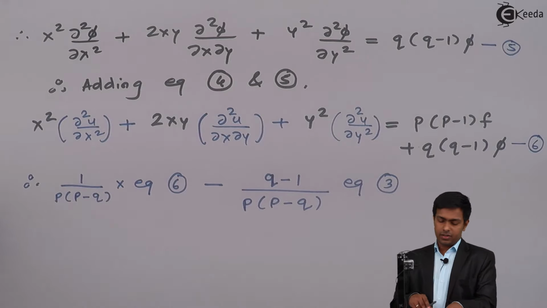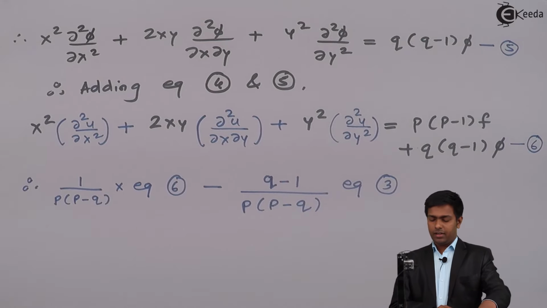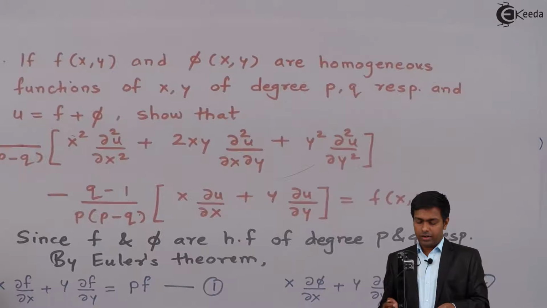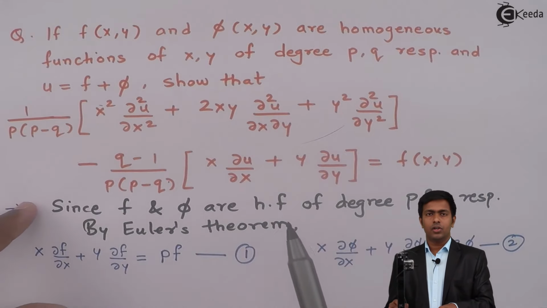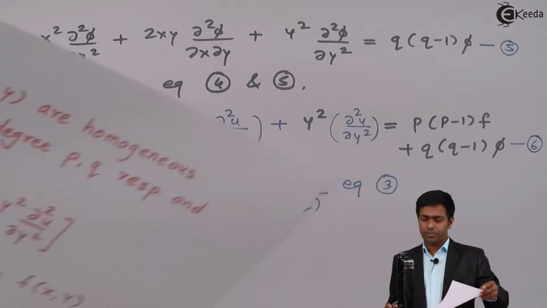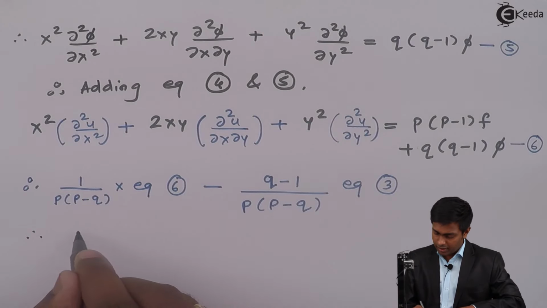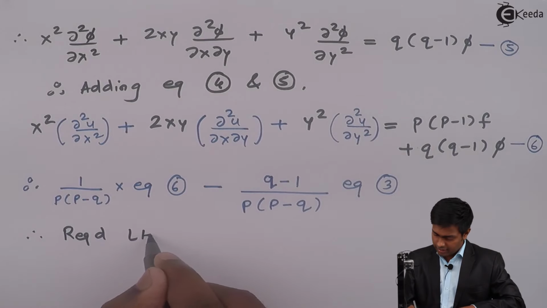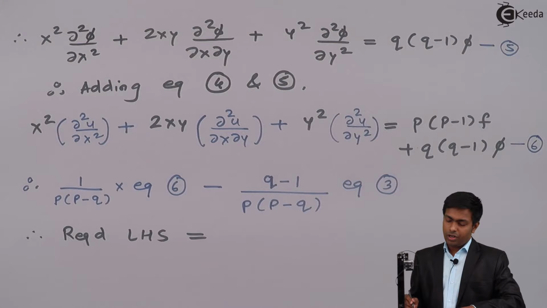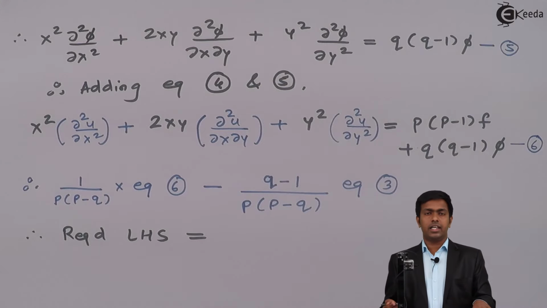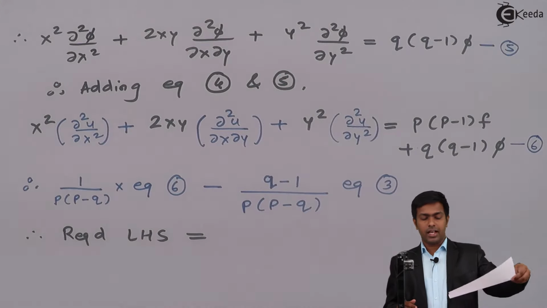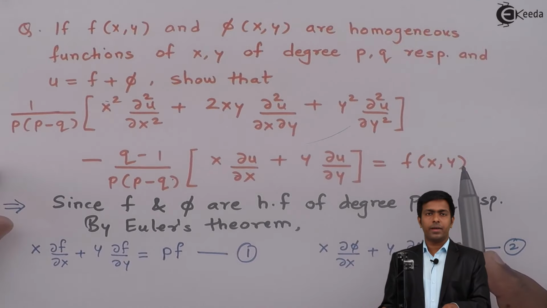So by doing this we will get the required left hand side. So we will solve the right hand side now. So here I will say, therefore the left hand side will be as it is. So I will say therefore required LHS I will get. So we will get that term. Now we will solve the right hand side to get the answer as f of x comma y.